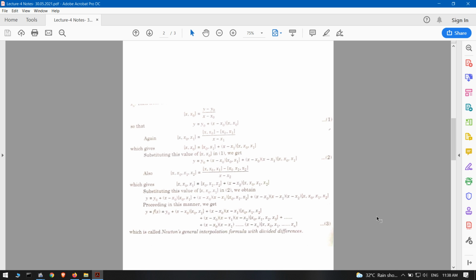That's why we have started with this. We have learned the formula: divided difference x comma x0 is y minus y0 divided by x minus x0. If x equal to x1, then okay, but x may be x1, x2, x3, or any intermediate value, isn't it? That's why we have started with this x comma x0.